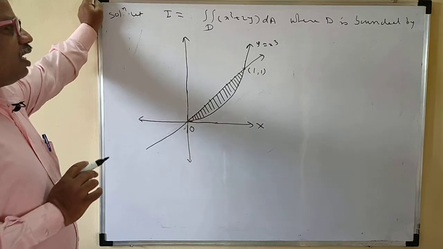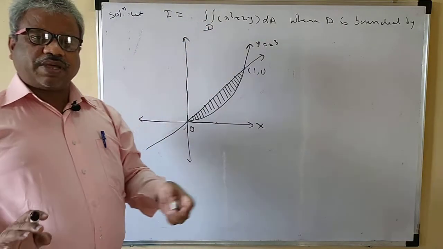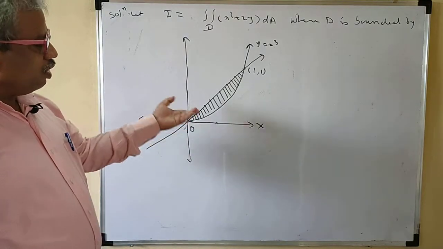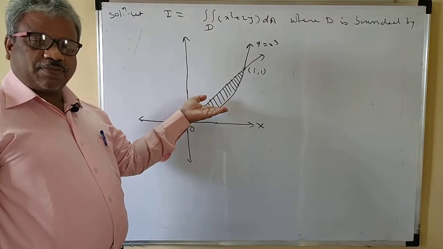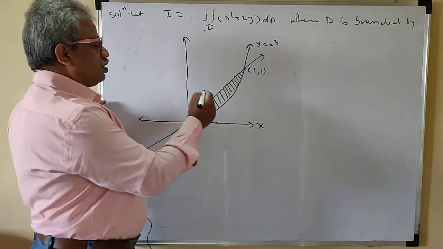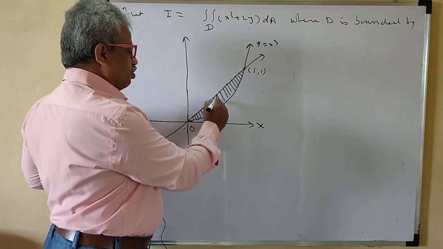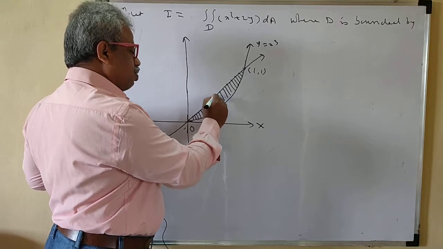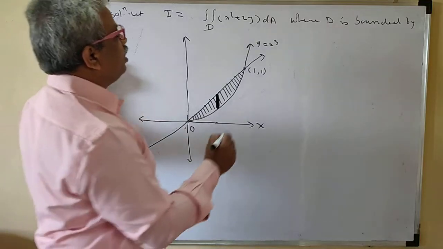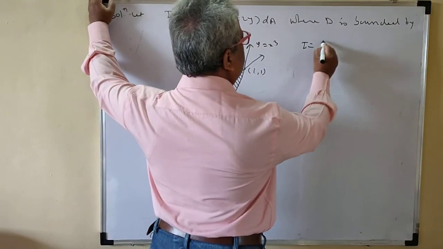Now see here, your function is integrable with respect to x and with respect to y, so we can draw the strip parallel to the x-axis or parallel to the y-axis. Generally we will draw the strip parallel to the y-axis, though you can draw it parallel to the x-axis also, no problem. So I will write the limits. I is equal to.